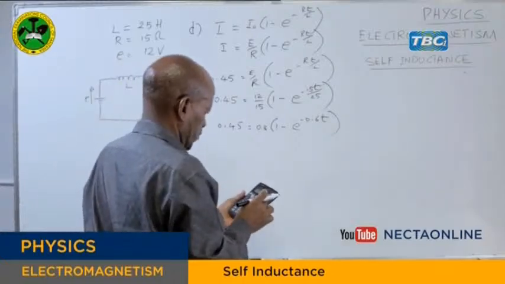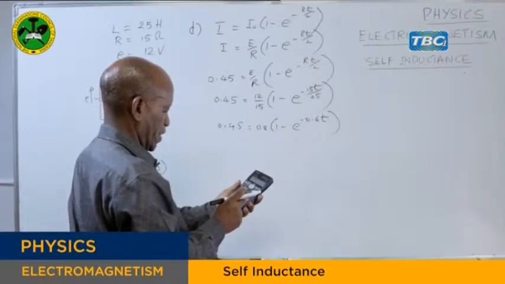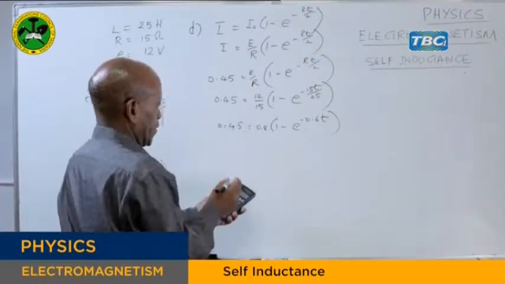From there I can take 0.45 divided by 0.8.